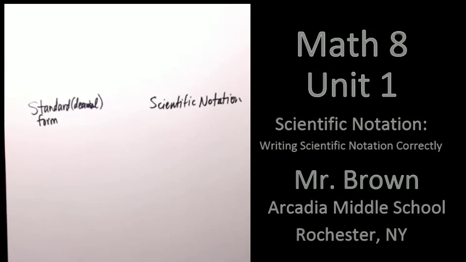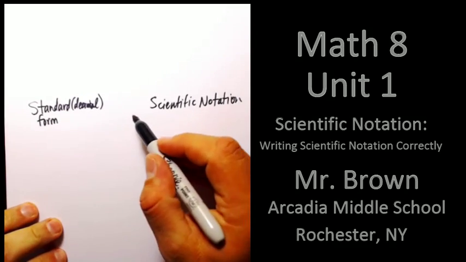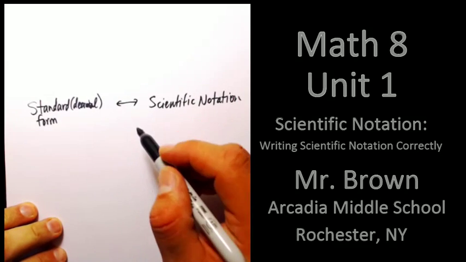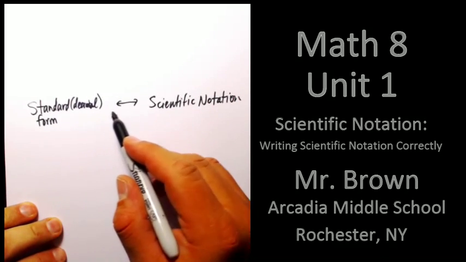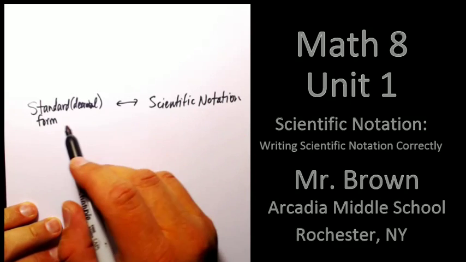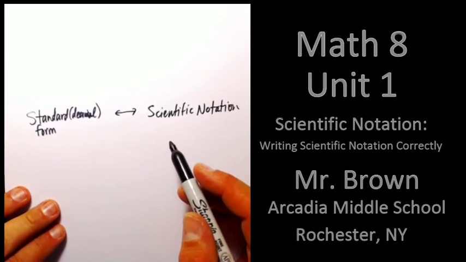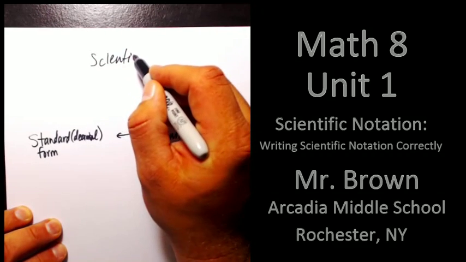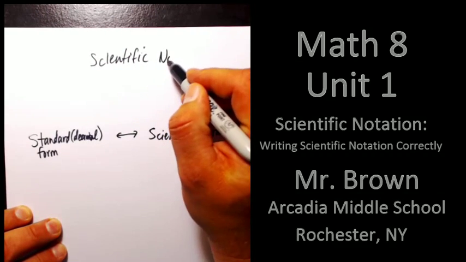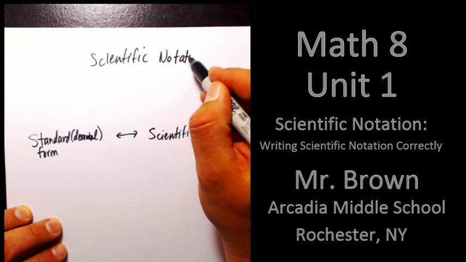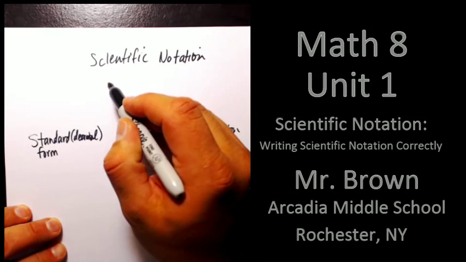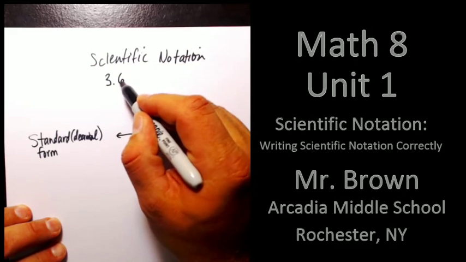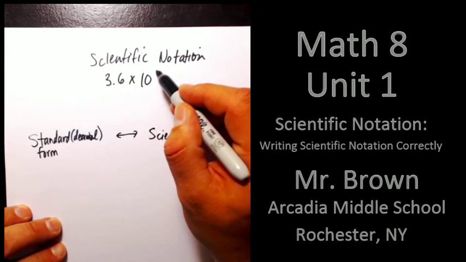Okay, welcome back. This is Math 8 Unit 1, Scientific Notation. In scientific notation, there are actually two forms that you're going to find: standard decimal form and scientific notation. Scientific notation is basically any number, doesn't matter what it is, times 10 to a power.